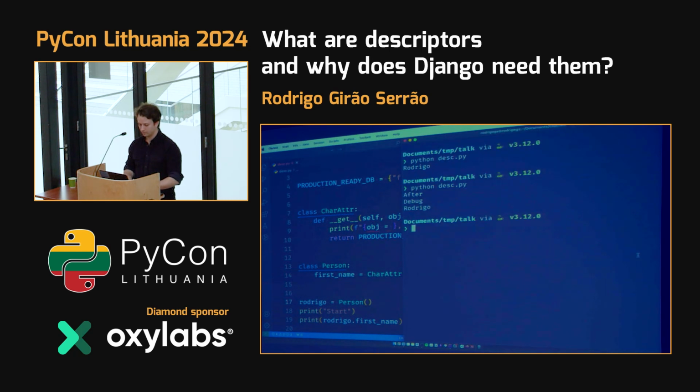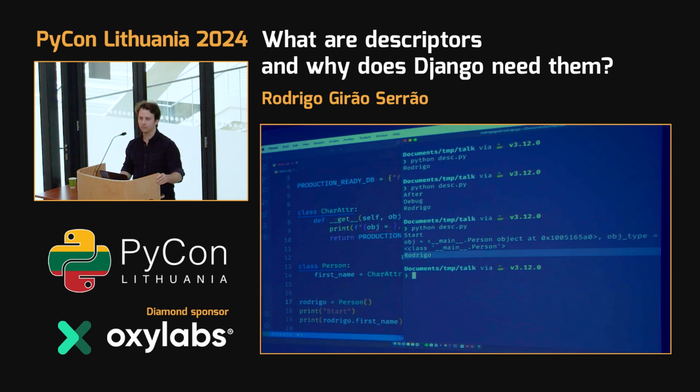So if I run this, this is what I get. Notice that I get the start, I get the object, which is a person object, I get the object type, which is a class Person, and I finally get my name.